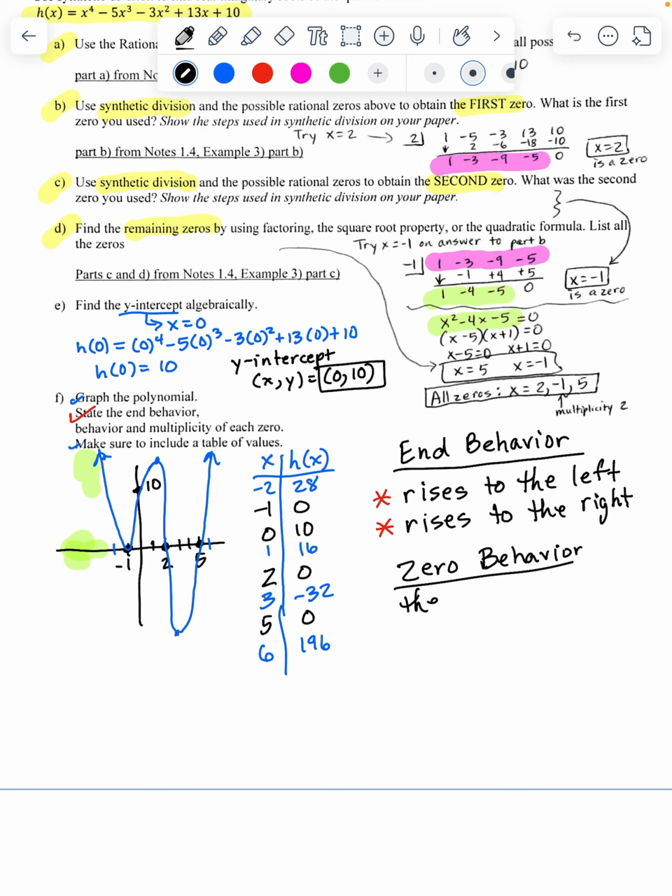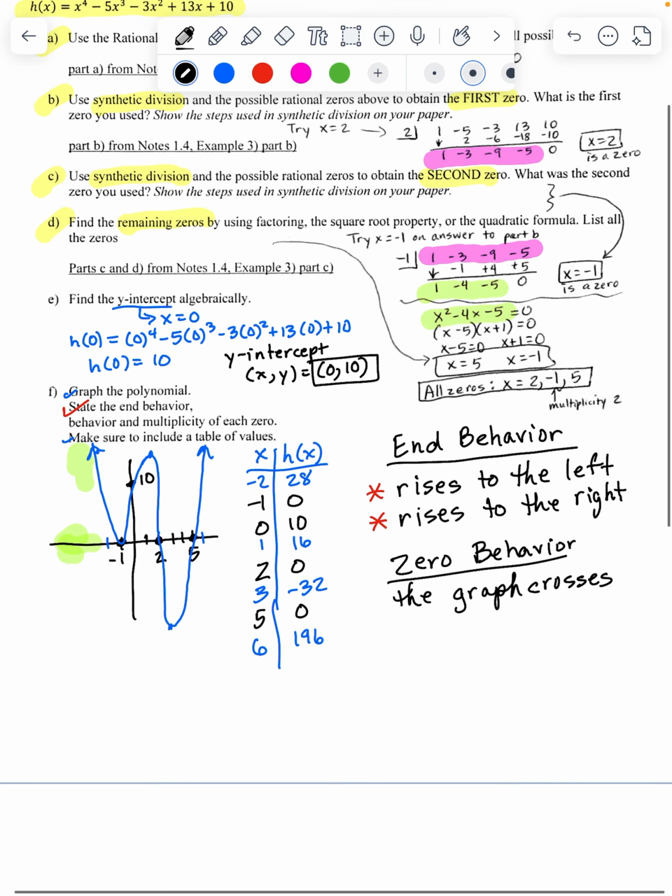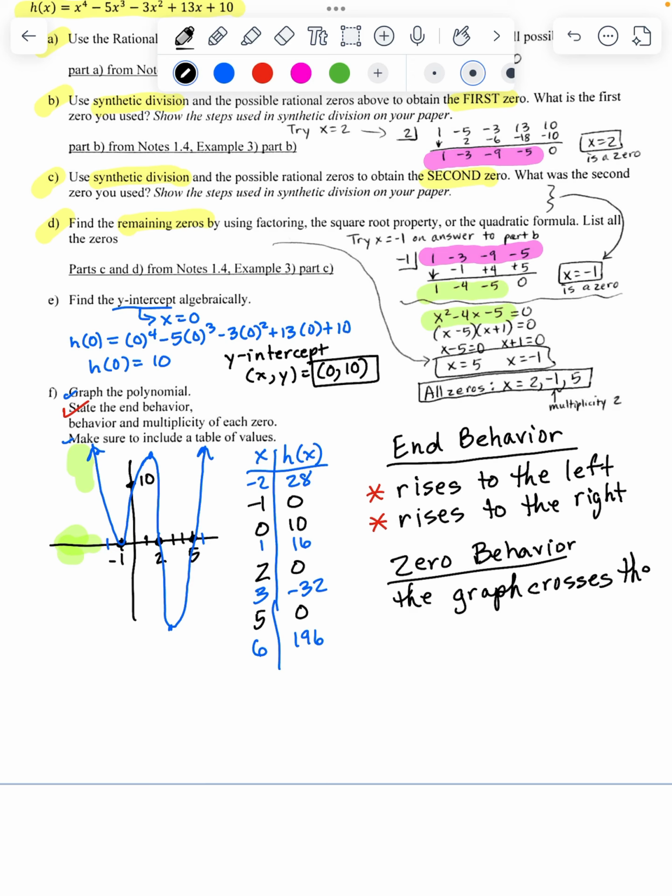So the graph crosses the x-axis at (2, 0) and (5, 0) because the multiplicity is 1.